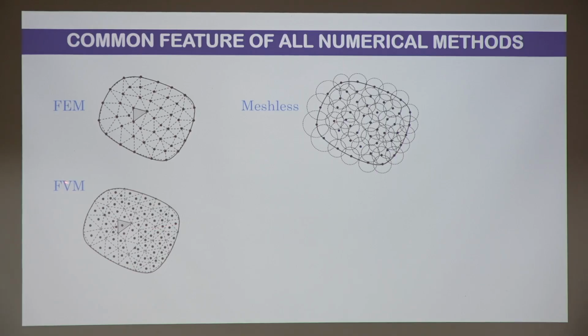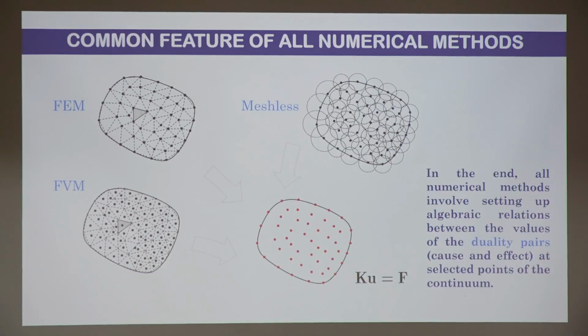And then the finite volume technique, the same thing, except the way they create the discrete equations is going to be different. All these three methods ultimately lead to an equation that looks like Ku = F, or Ax = B, right? So a coefficient matrix, a relationship between the two variables, which we call the duality pair.